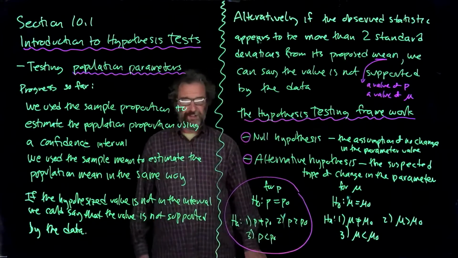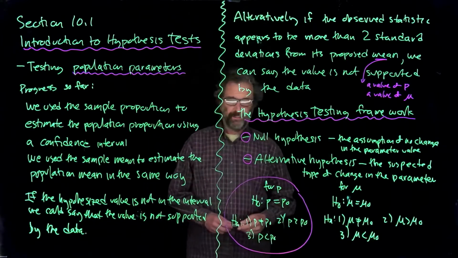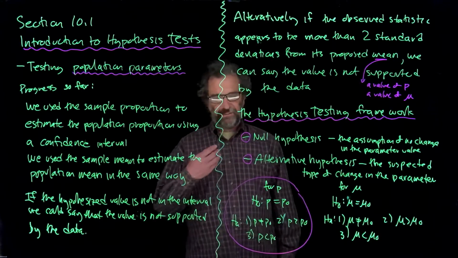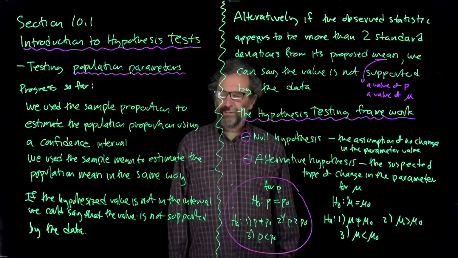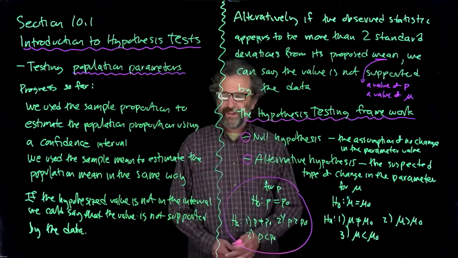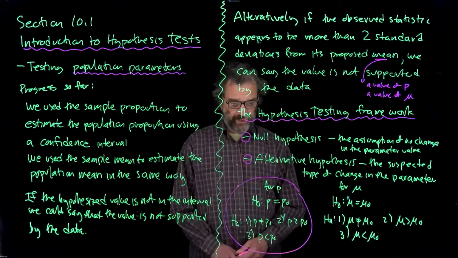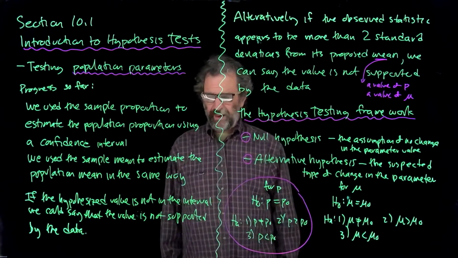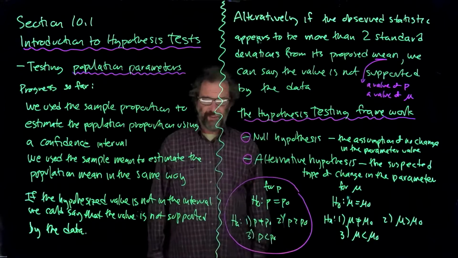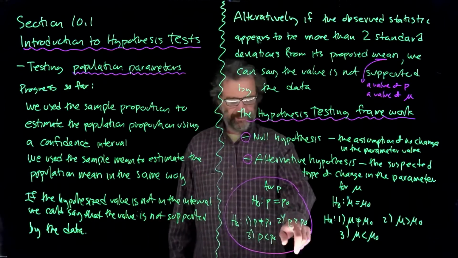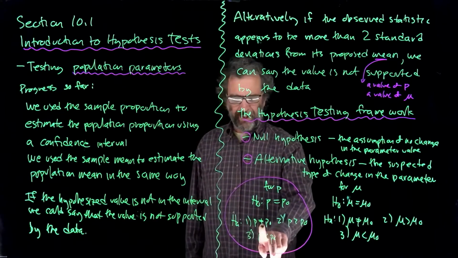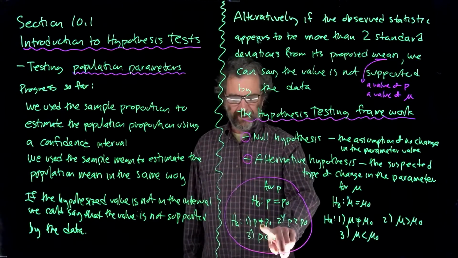So you might be testing whether or not the passing rate on a physical fitness test, what fraction of the students are passing the physical fitness test in high school. You know, the typical proportion was 75%. You might be thinking, well, I think kids are more fit now, so I think that proportion went up. Or maybe I think kids are less fit now. Let's see if the proportion went down. Or let's just see if fitness changed at all, up or down, I don't care which.